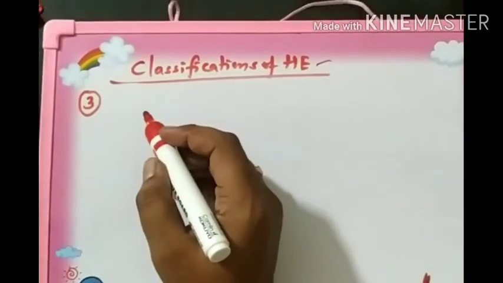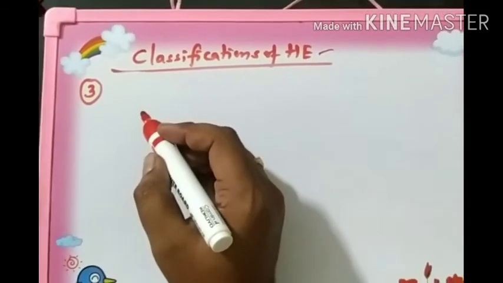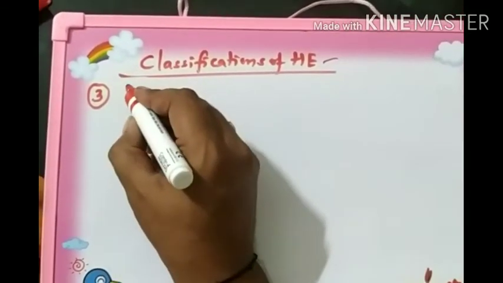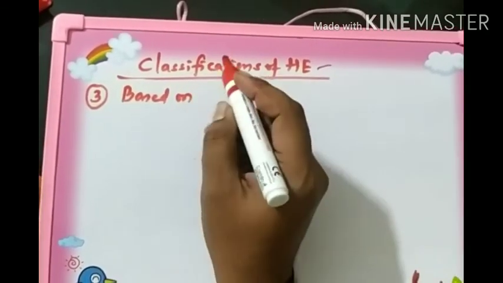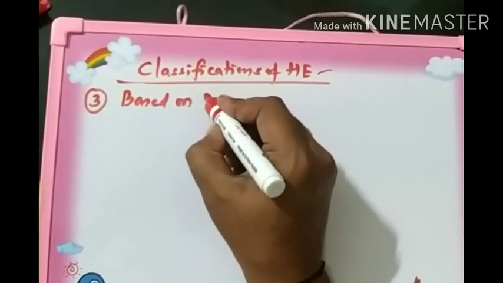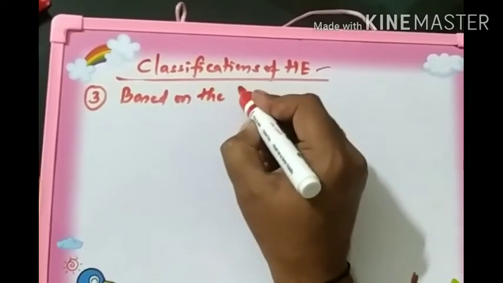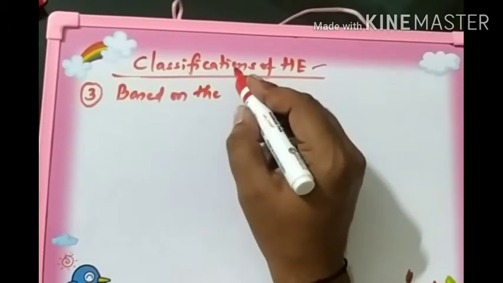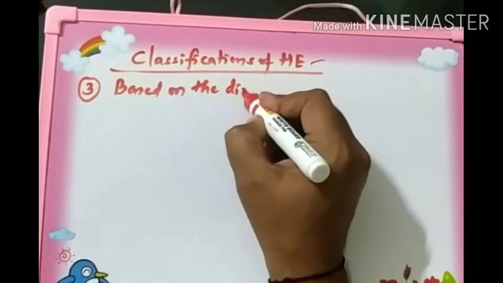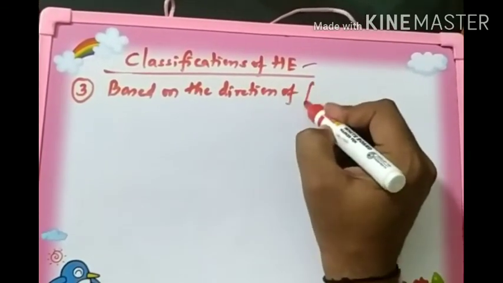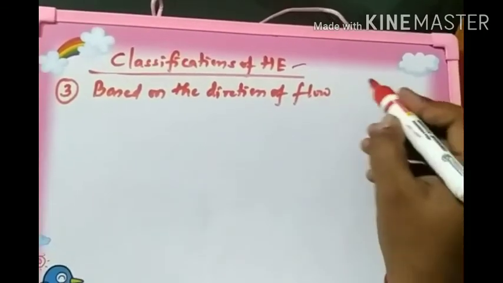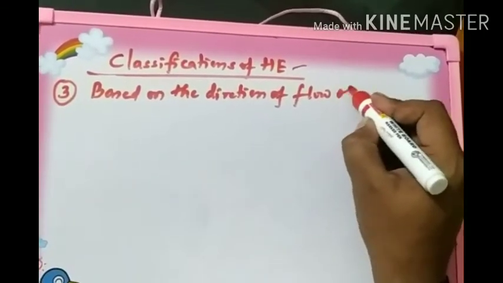Now, let us move on to the third set of classification, based on the type of flow, or the direction of flow of the fluids.